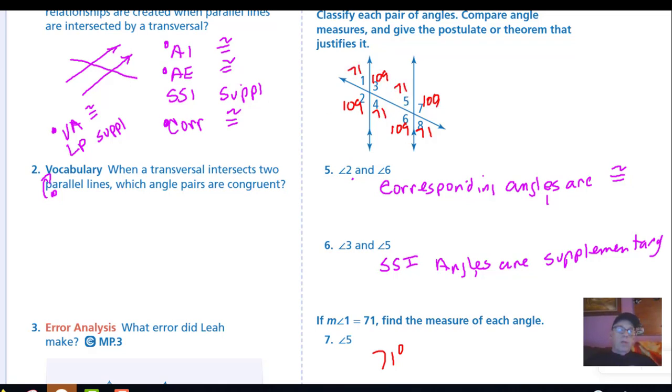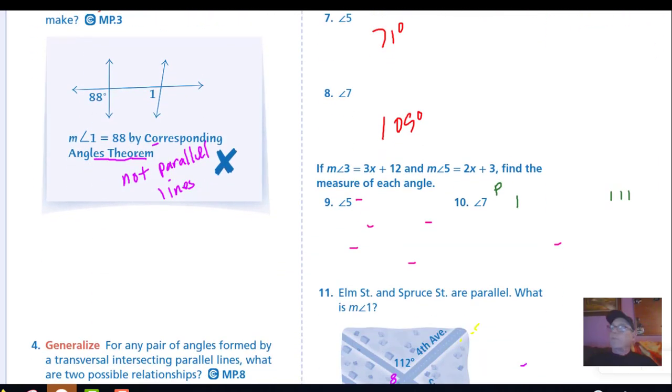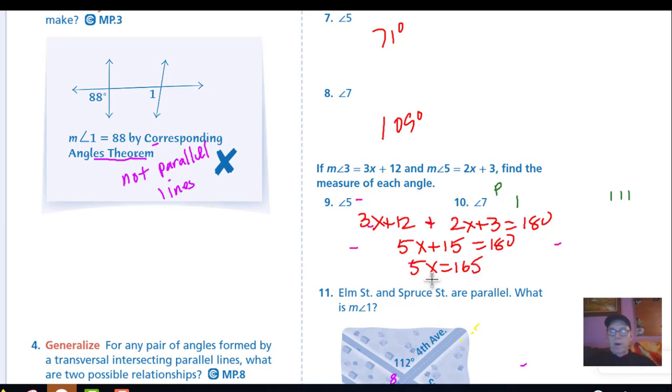So I'm going to set my angle addition equation down here. 3x plus 12 plus 2x plus 3 equals 180. So I get 5x plus 15 equals 180. Take away 15, 5x makes 165. Divide by 5, x is going to be 33.